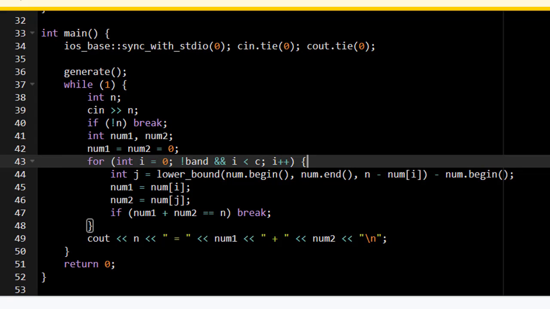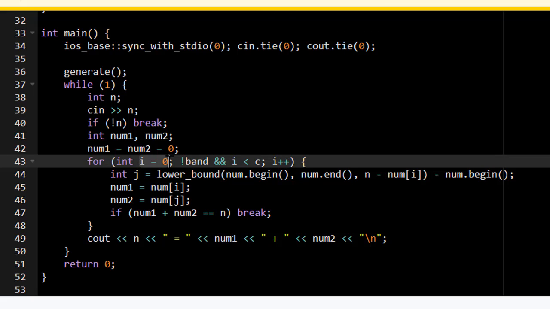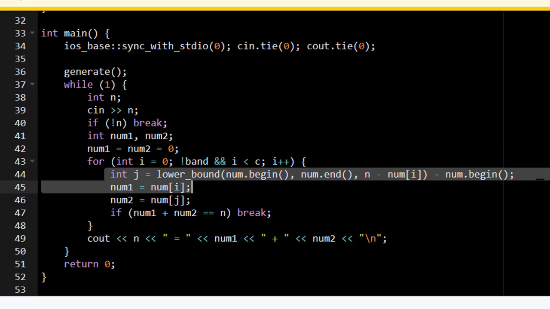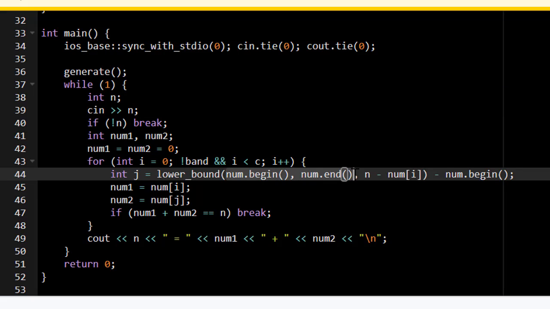So what are we going to do? We are going to start from the first prime number, and we are going to try to find a partner. So we do a binary search over this vector of prime numbers, in which we are going to look for n minus the prime number that we are considering, and we subtract the beginning of the vector to get an integer value.